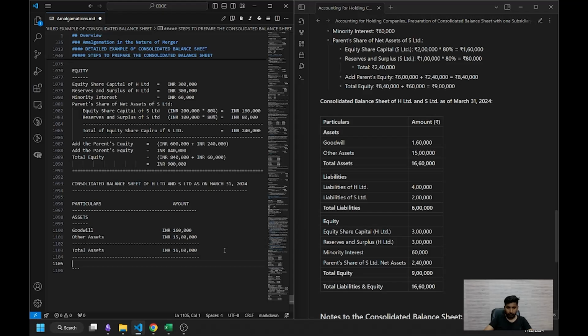Okay. Then comes the liability part. For the liabilities part, we have the liabilities of H Limited and the liabilities of S Limited.